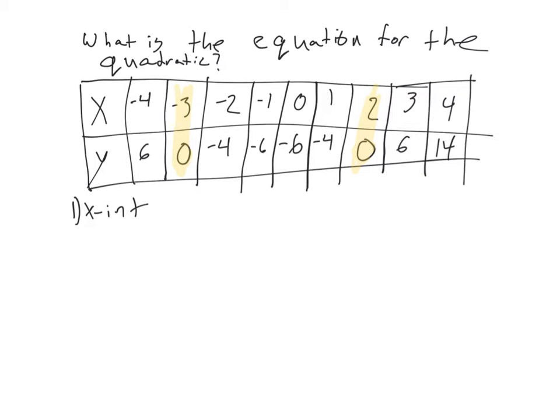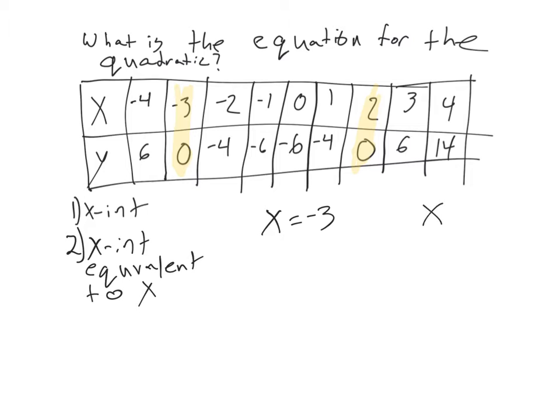Okay? So then step number 2, I set my x-intercepts equivalent to x. And so that means I say x equals -3 and then x equals 2, okay?